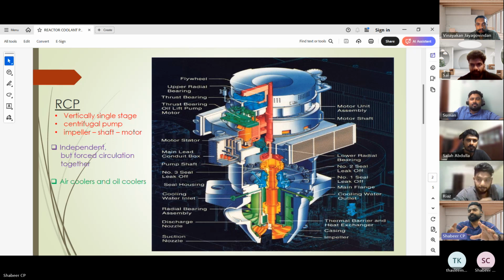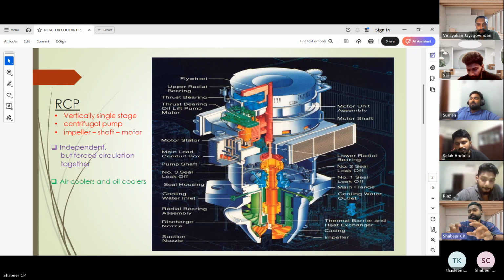As we all know, the reactor is generating heat in the fuel. We have to take that heat from the fuel to the steam generator for generating steam. For that purpose, we create forced circulation of the coolant through the reactor, and for that we use the RCP. Together, the 4 RCPs generate the forced circulation, taking the coolant through the reactor up to the steam generator.